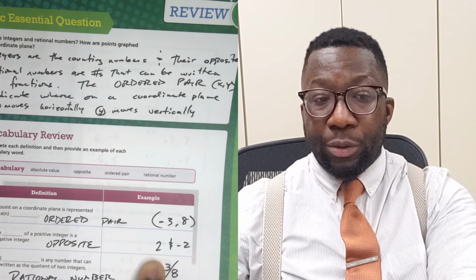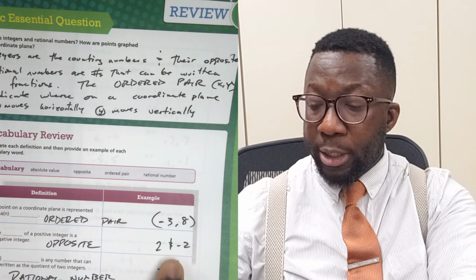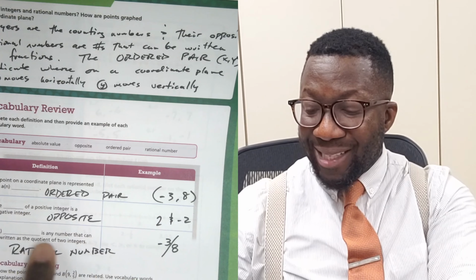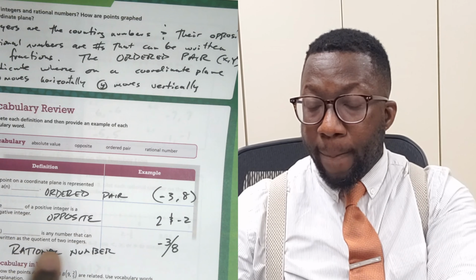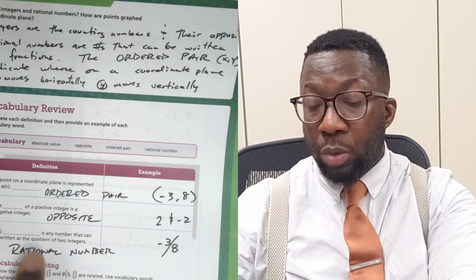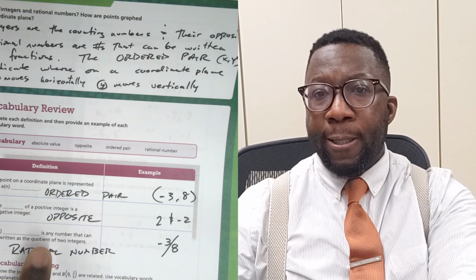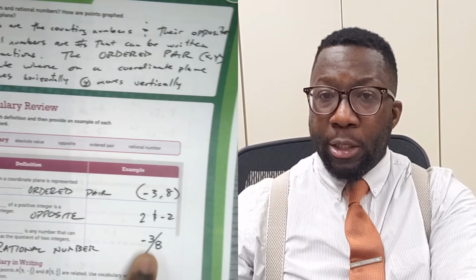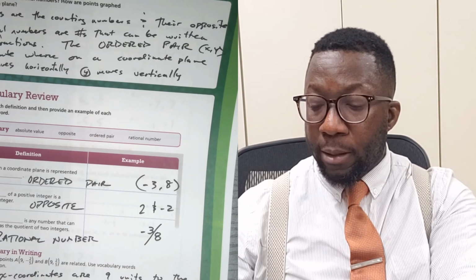So positive integer, +2, opposite, -2. And then finally, a rational number is any number that can be written as the quotient of 2 integers. And remembering that the word quotient is indicating to us that it is the answer to a division problem. So numerator, denominator. And then our example here, -3/8.